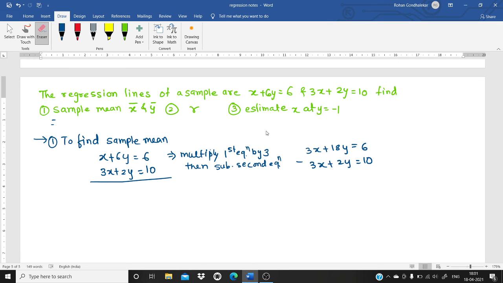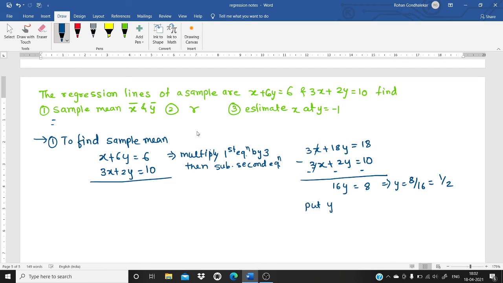Okay, wait. While multiplying by 3, we have 6, 3, 18, so 3x plus 18y is equal to 6. Subtracting, plus 3x and minus 3x get cancelled. 18y minus 2y gives me 16y is equal to 18 minus 10, that is 8. So this implies y is equal to 8 by 16, that is 1 by 2.